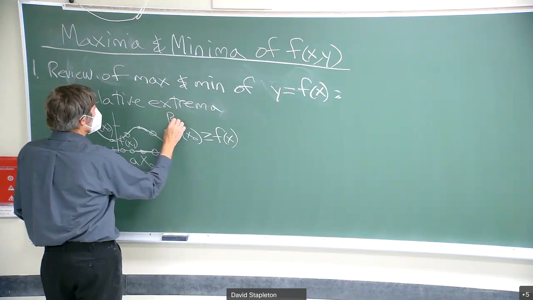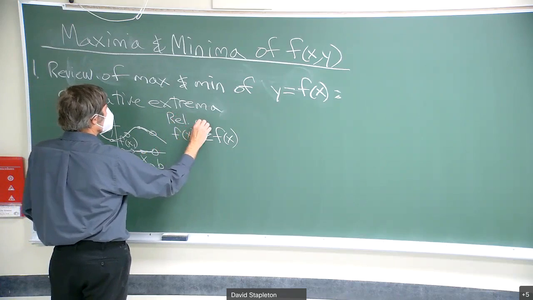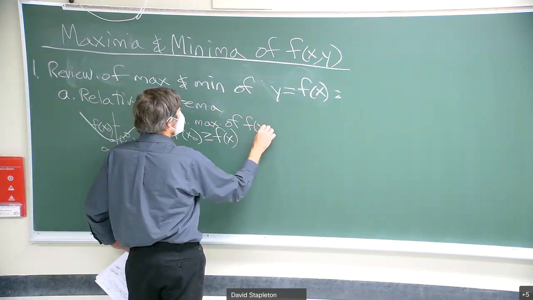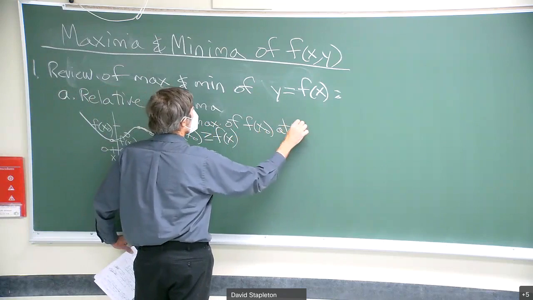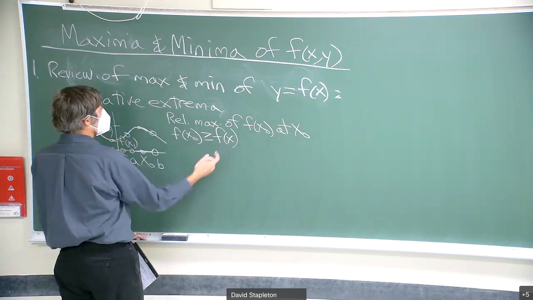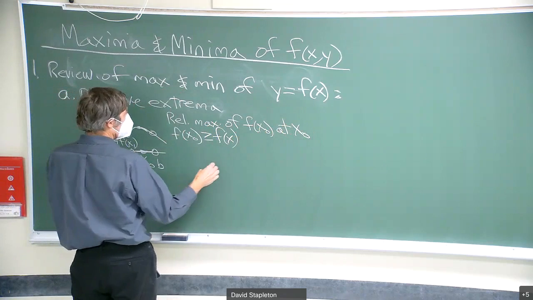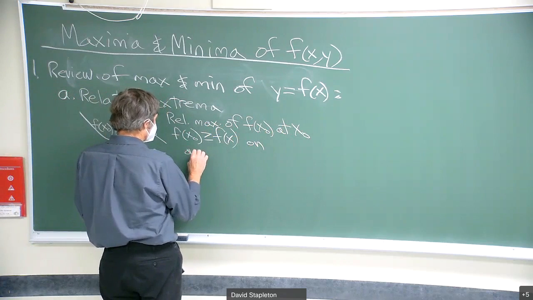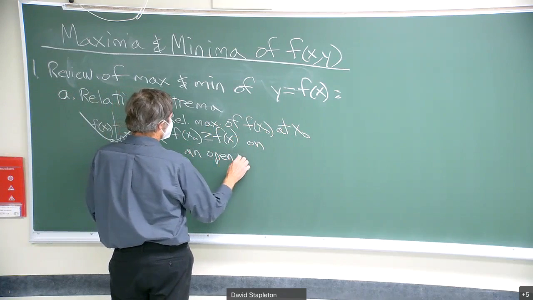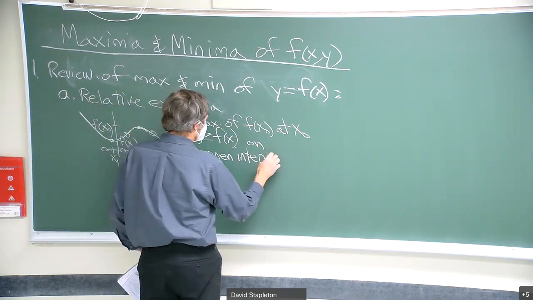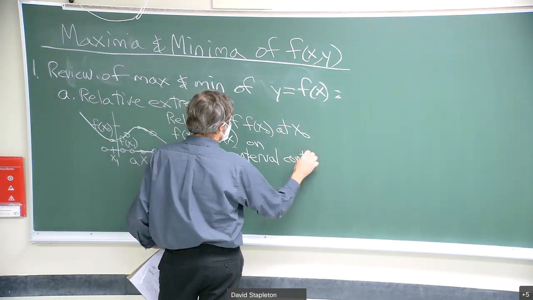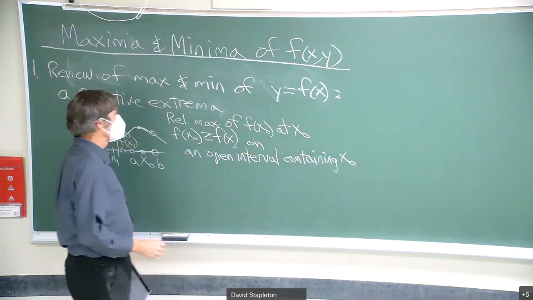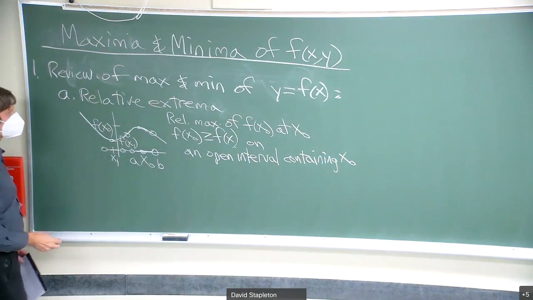So a relative maximum of the y coordinate, f of x0 at x0, occurs if f of x0 is bigger than or equal to f of x on an open interval containing x0. That was what we did before.